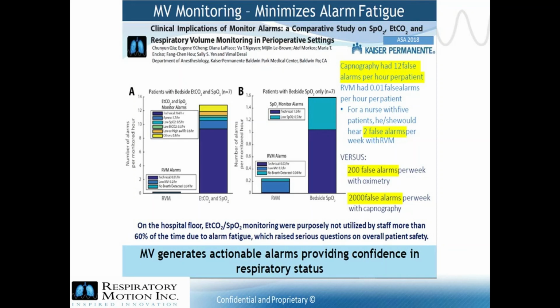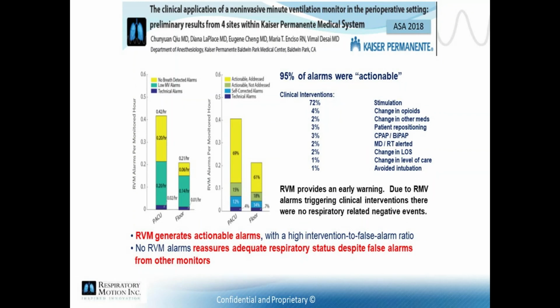End-tidal CO2 and pulse oximetry monitoring were purposefully not utilized or removed by staff more than 50% of the time due to alarm fatigue in this study. This raises serious questions for the potential implication on overall patient safety.